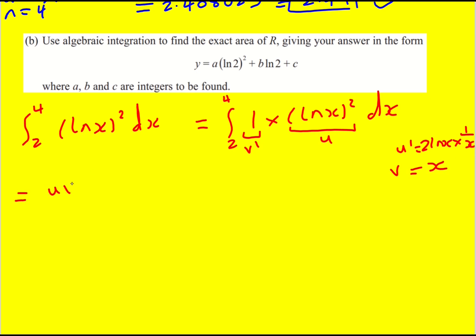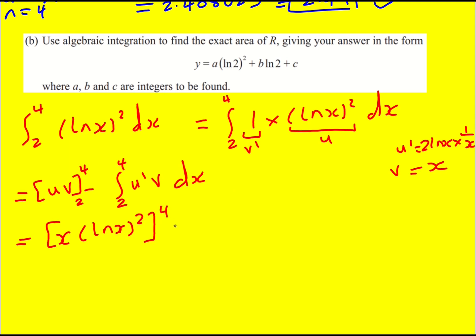Okay, so then it's going to be uv minus the integral of u dash v. Don't forget the limits though. So uv becomes x (ln x) all squared, evaluated between 4 and 2, minus the integral between 2 and 4 of u dash, that's 2 ln x times 1 over x, times v, which is the x.